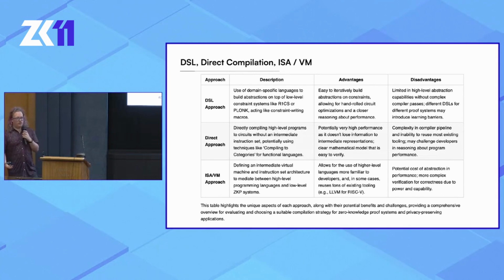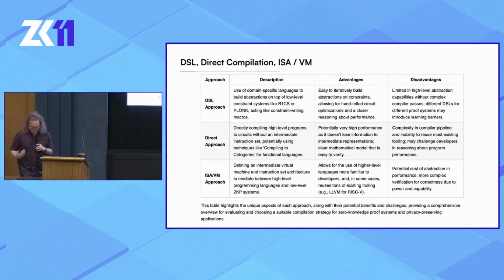On the opposite end of the spectrum, we could have something that takes a high-level description of a program in a common language and directly produces an equivalent circuit. This is challenging to do, requiring a lot of sophisticated compiler tooling, as well as the usual high versus low-level trade-off, where high-level things are easy to reason about correctness, whereas low-level things are easier to reason about performance.